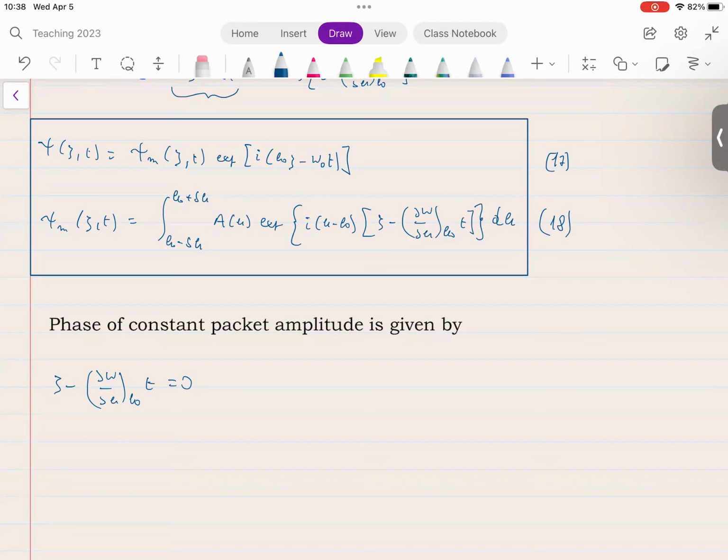And then I can ask the question, what velocity does this special constant amplitude propagate with?